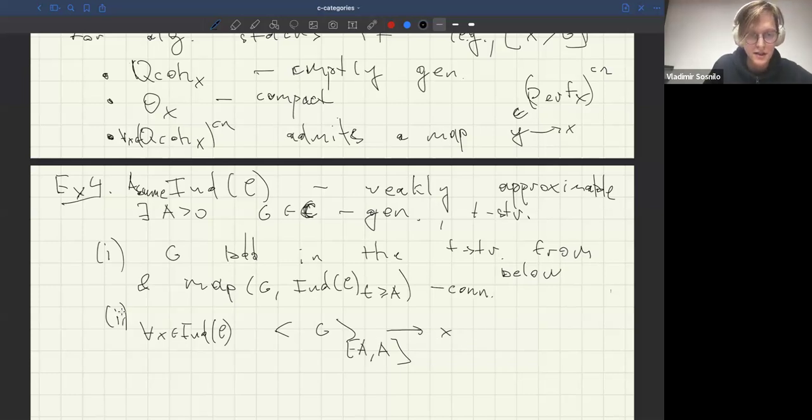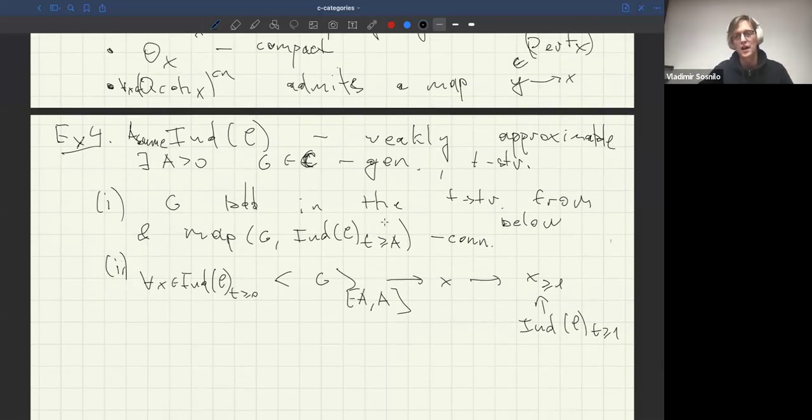And the second condition is that for any connective object in your category, there is an exact sequence which sandwiches it between a one-connective object, in Ind C, t greater or equal than 1, and an object generated by G. Now, the condition 1 implies, if you take your category Ind of C with a compactly generated weight structure, the positive part of a compactly generated weight structure also generates a t-structure.